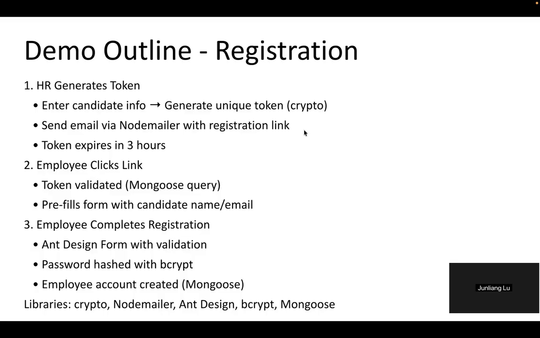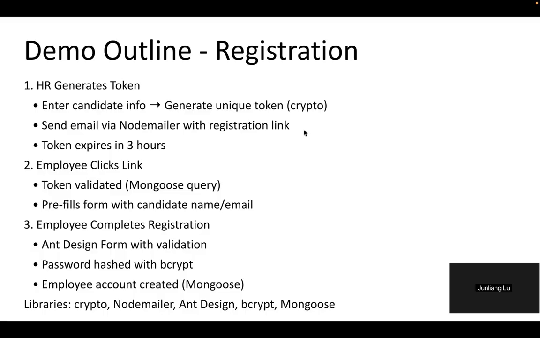When the employee clicks the link, the system validates the token through a Mongoose database query, checking that it hasn't expired and hasn't been used. If valid, the registration form is prefilled with the candidate's name and email.